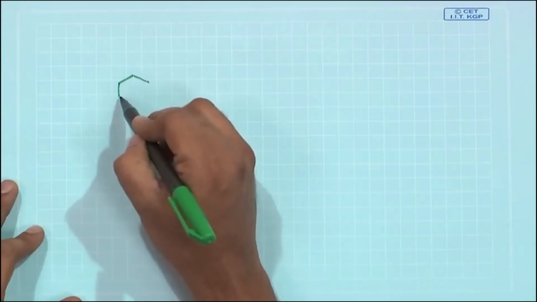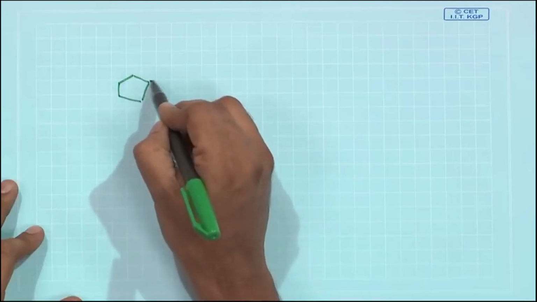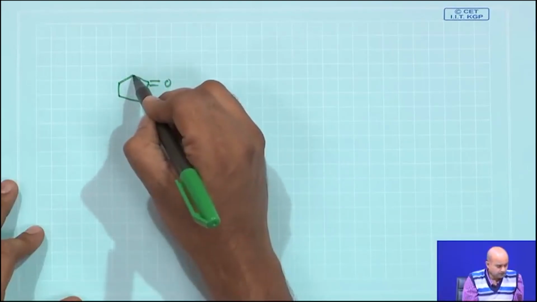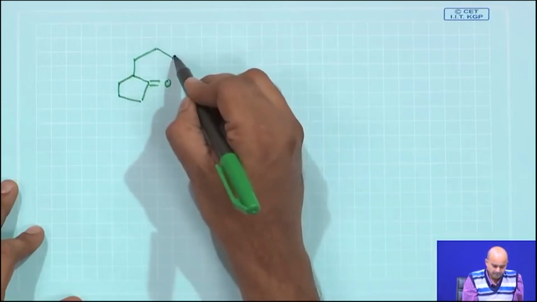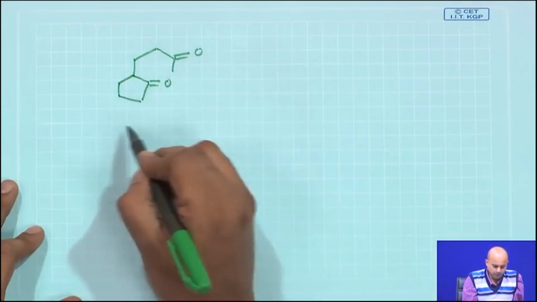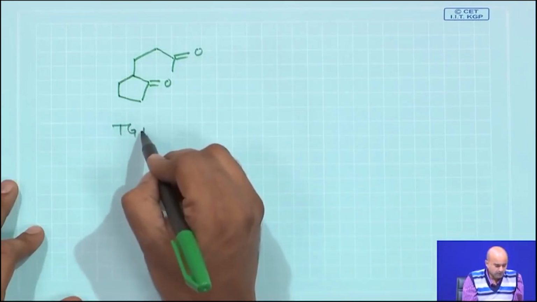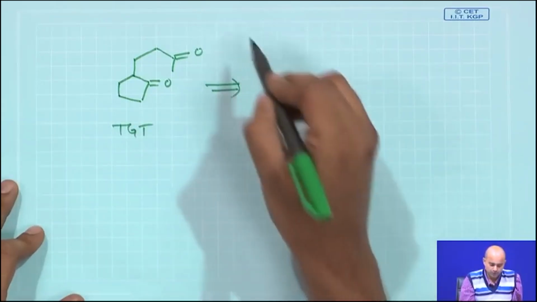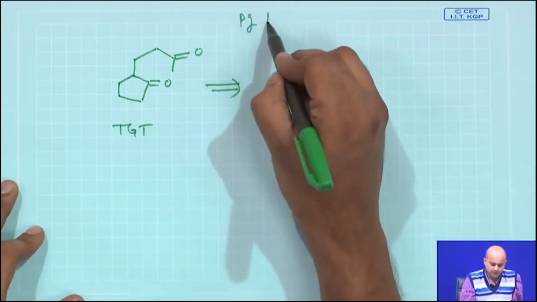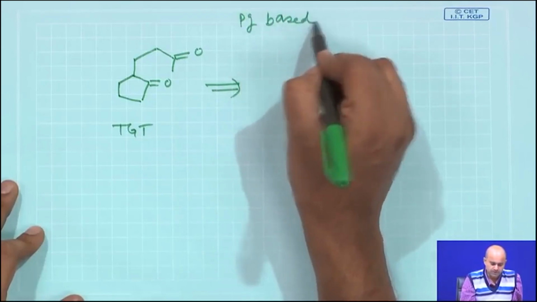Now, a similar kind of problem which I picked up is on a similar line, but the target molecule was something like this. The starting material I have also given to you. This also falls under protection group based chemistry, PG based chemistry.